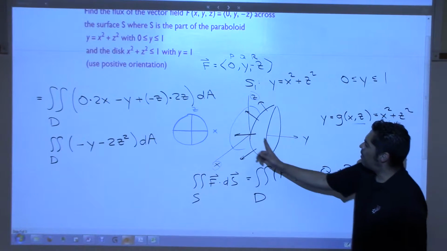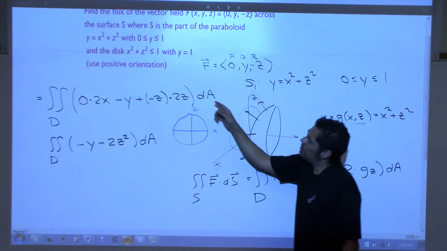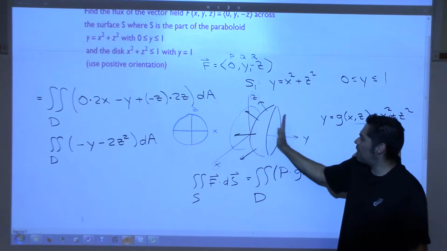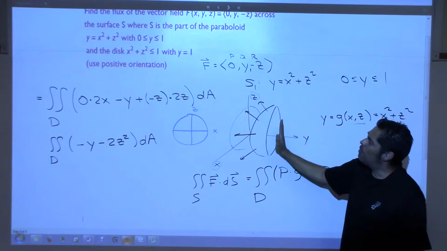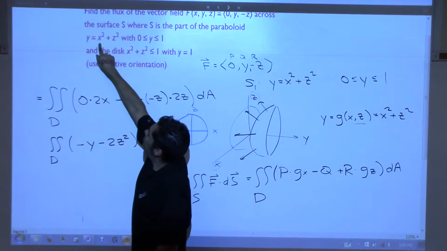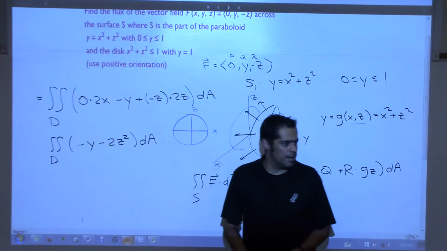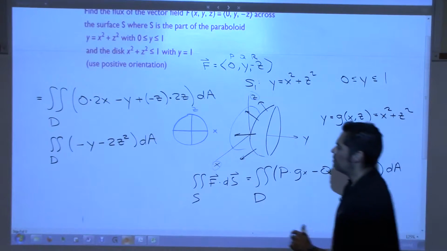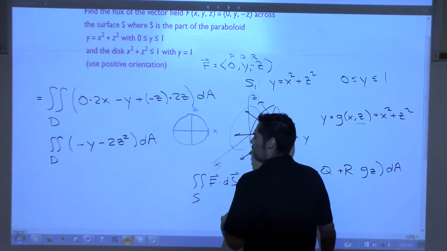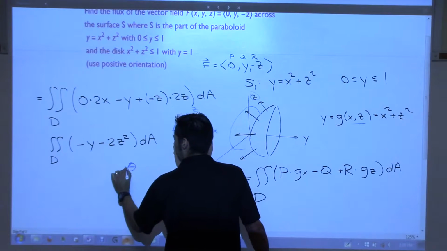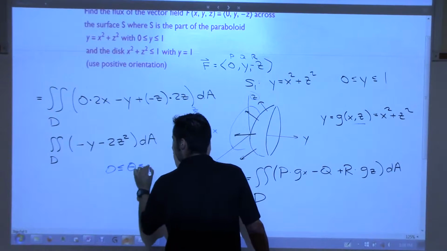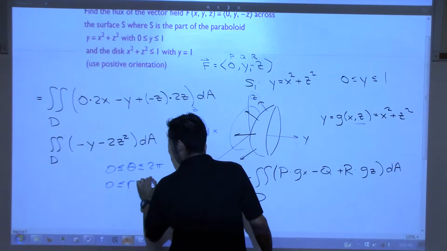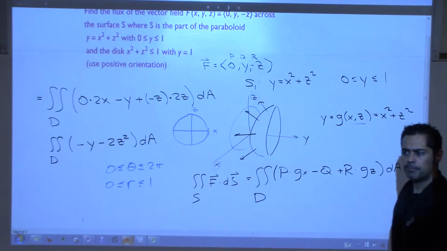Well, how far out does this bowl go? It starts with y equals 0, that's the smallest coordinate, and then the biggest y gets is 1. So if y is 1 in this equation, then that's a circle with radius 1. And that's what we'll project backwards. So I should use polar conversion, letting theta go between 0 and 2 pi, and r between 0 and 1.